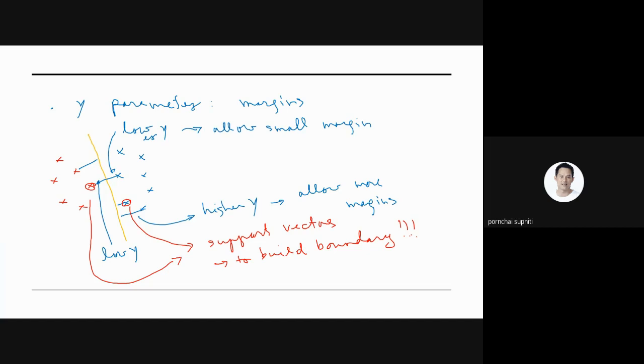Also, when you have higher gamma, sometimes when it's related to nonlinear SVM, it also means that you allow more curvature to the boundaries.